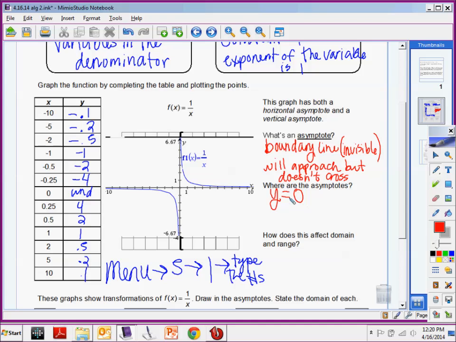The x-axis as a function is y equals 0. This is my horizontal asymptote. My vertical asymptote is at x equals 0, and that's my vertical asymptote. So that's why the graph pieces are not crossing those lines. They stay in one quadrant. Exactly. They're smart. They don't want to get zapped.